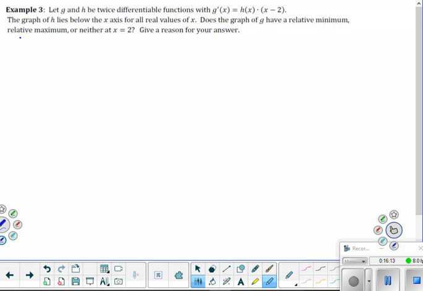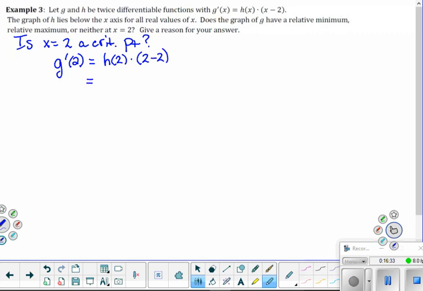So is x equals 2 a critical point? If it's not, game over. So we need to look at g prime of 2 to see if h of 2 times 2 minus 2, I'm subbing x in. I don't even really care what h of 2 is because I'm going to get times 0.